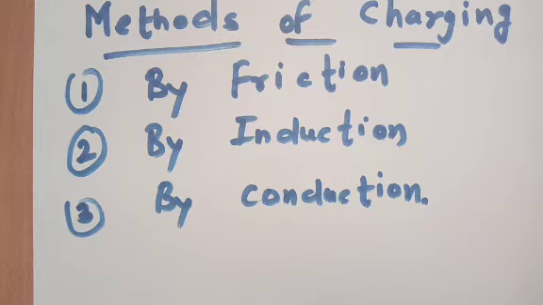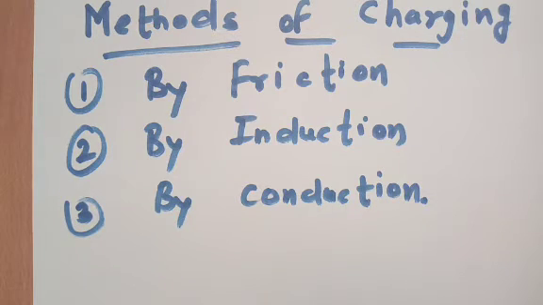So here, with the help of transfer of electrons, you can make one body positively charged and another body negatively charged, equally negatively charged. Here you cannot take any two bodies. There needs to be a particular set of bodies.